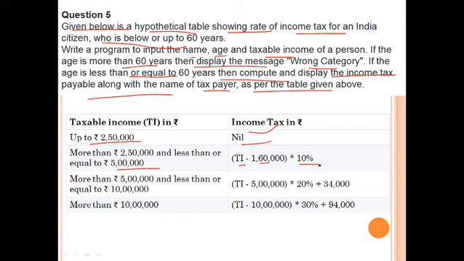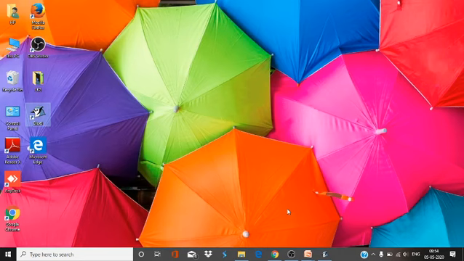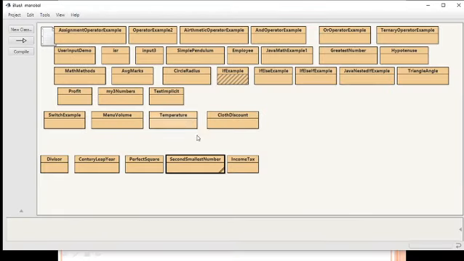How you will calculate this, I am going to explain, and according to that all the things happen here. How to calculate and how to write the program for this, let's see.